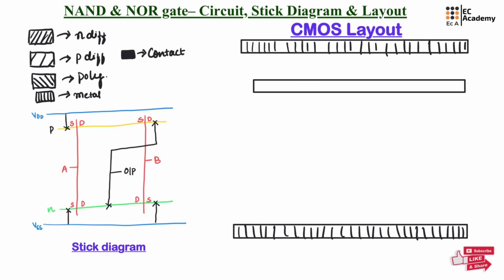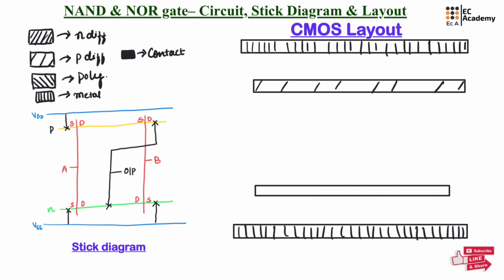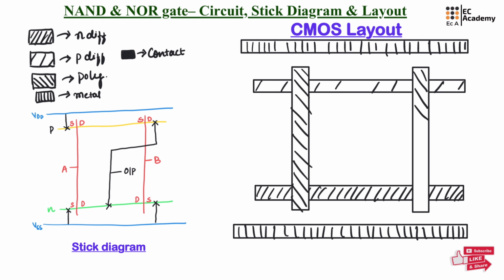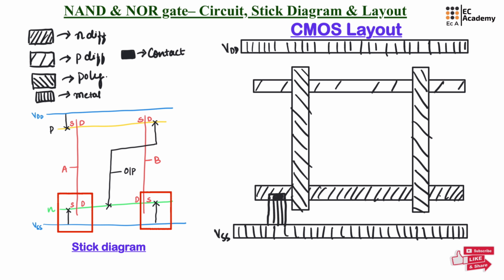Let us represent the P diffusion region and let us represent the N diffusion region and two polysilicon region. Now source terminal of both NMOS are connected to VSS, which is ground. Let us extend this metal and connect VSS with both source terminal of NMOS. Let us use contact to make the connection.